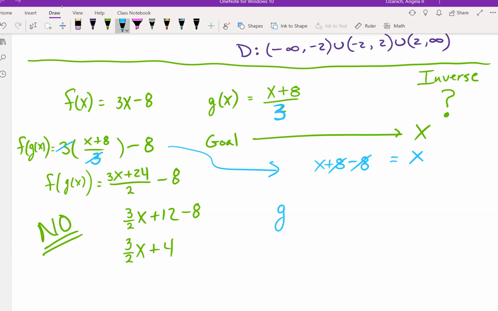So if you can simplify f of g of x and g of f of x all the way down till you get x as a final result, then you know that the functions could be inverses of each other. This would be a yes. This over here is a no.